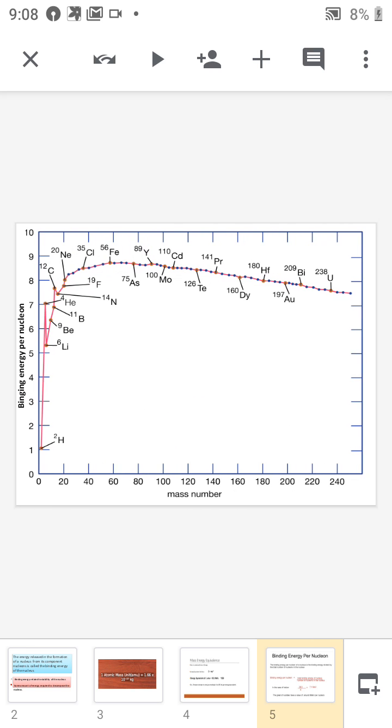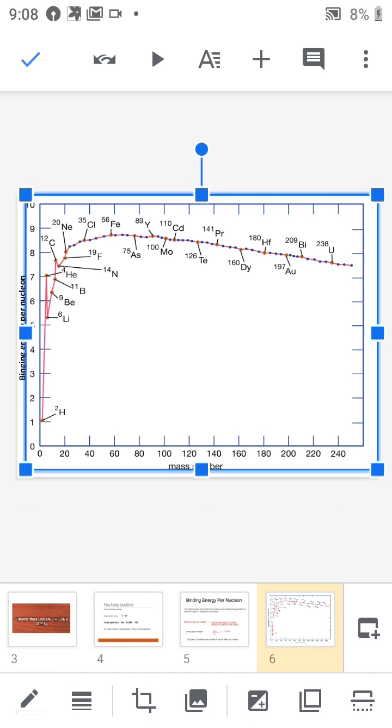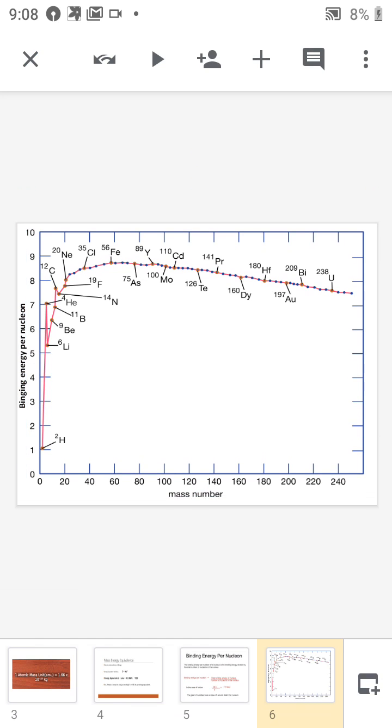Now we are moving to a plot of the mass number against the binding energy per nucleon. Here we can see that for mass numbers from 50 to 220, the majority of nuclei lie on one line with a binding energy per nucleon of 8 million electron volt, between 7 and 9 million electron volt. That means these are stable nuclei.